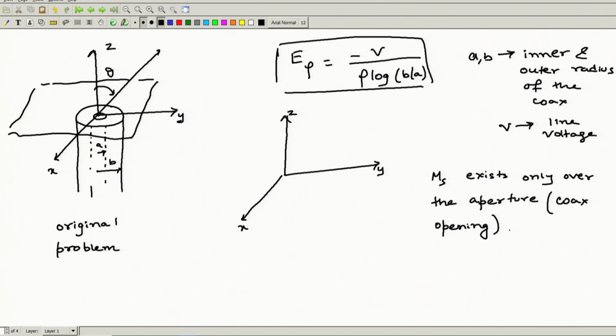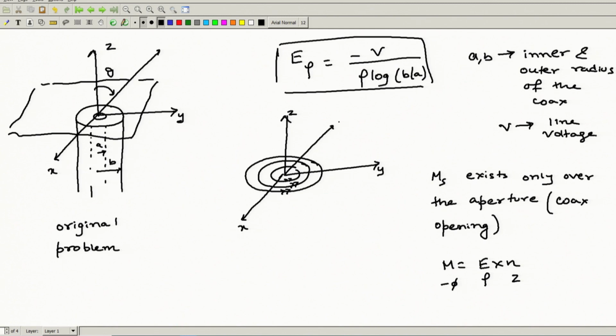So we can write like this. We know M is E cross n. So E is rho, n is z. So rho cross z gives us minus phi. So this is now M phi.